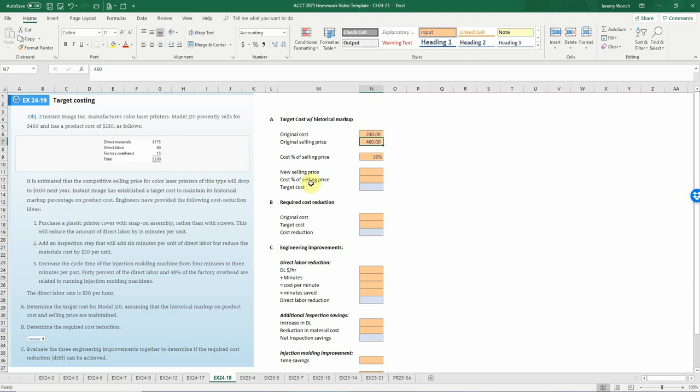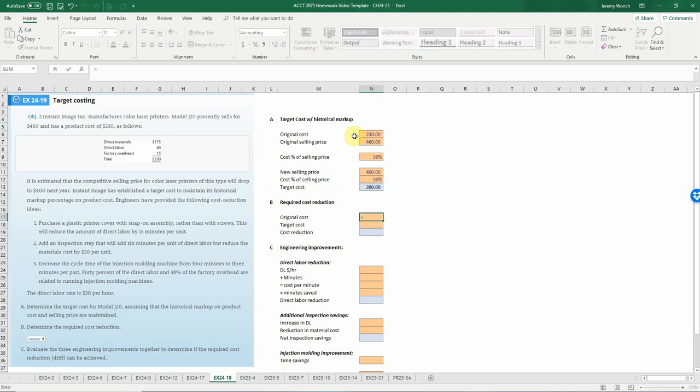So if next year the price does go down to $400 and we want to maintain that 50% margin, that means we have to have a target cost of $200 per unit.